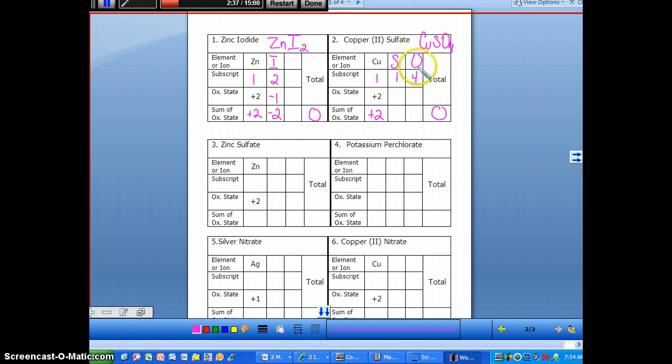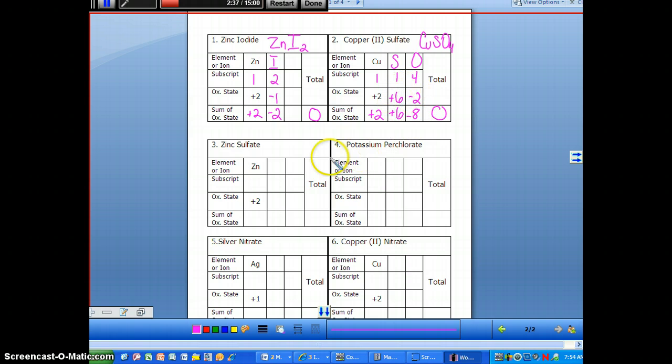And then one of your rules on the sheet that we just did together tells you that O is always minus 2. So we have 4 times minus 2 equals minus 8. And then you think, what would give this a total of 0? You'd have to put in plus 6 here. And you work backwards. There's only one S, so 1 times plus 6 equals 6.